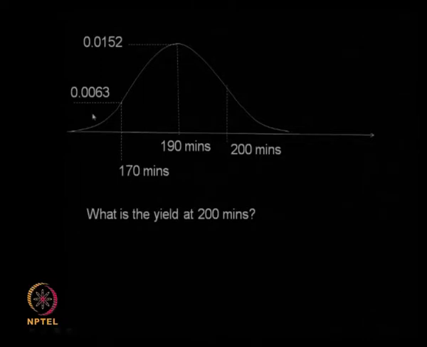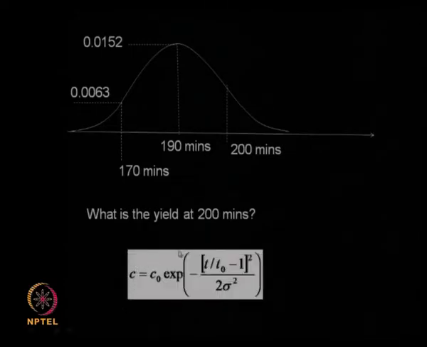That means if I collect the sample up to 200 minutes, what is the yield of this particular protein. Now many things are given here. The T0, that is the retention time, is given, and then you are also given some concentration value C at a particular time t. So making use of this, what can we do? We can calculate sigma, and then using sigma we calculate the yield at the 200th minute.